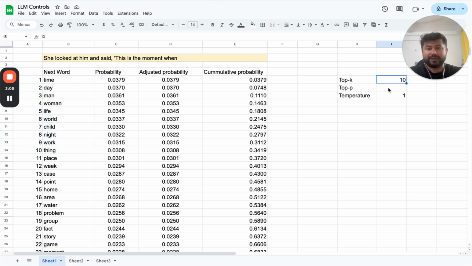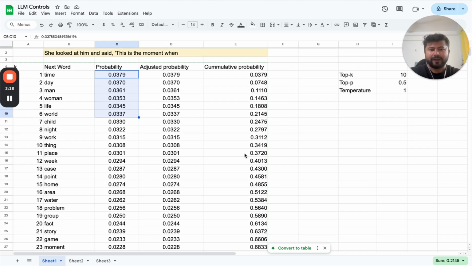What does top P mean? Let's say top P is 0.5. Top P adds up the probabilities of all these words, which I've already done here. And the moment the probability crosses the top P value, it cuts off there.